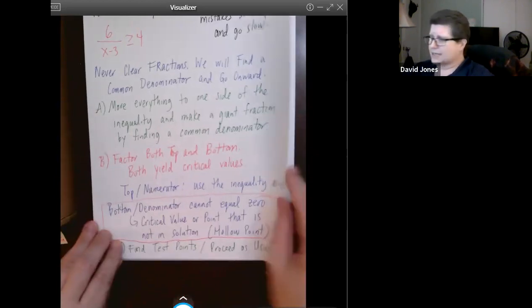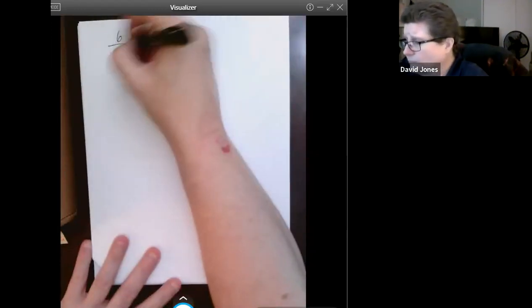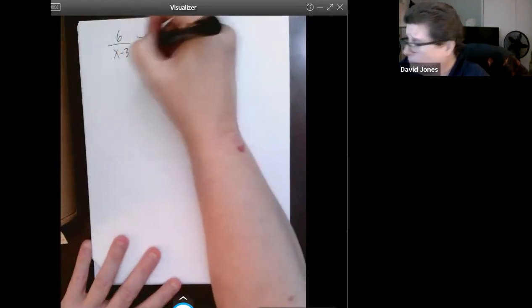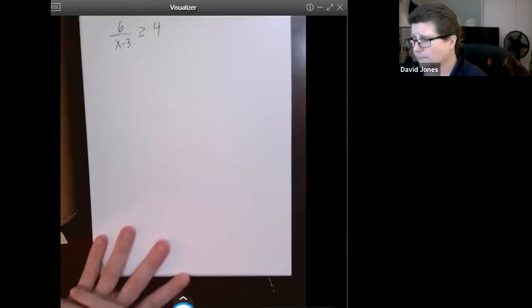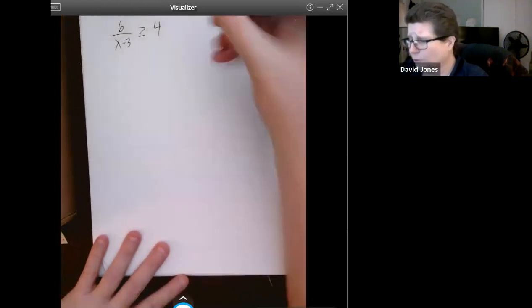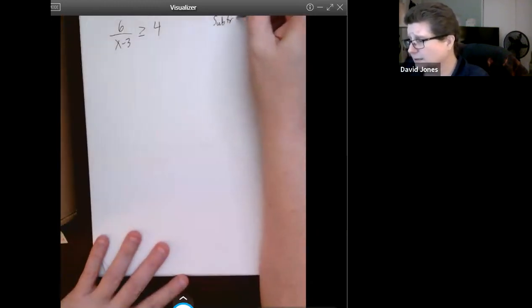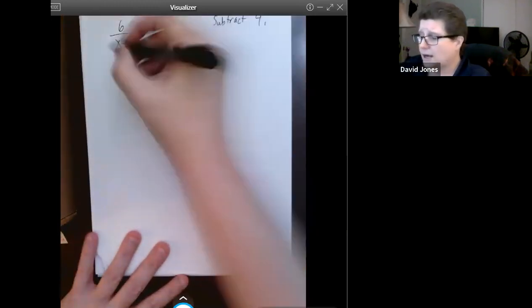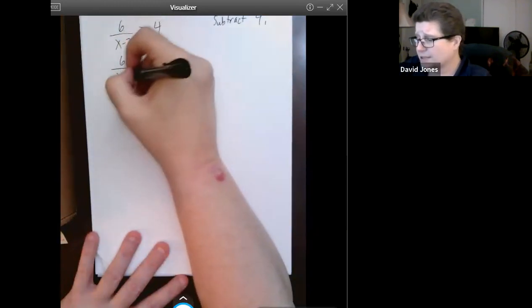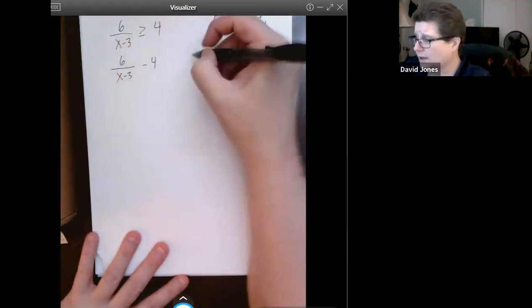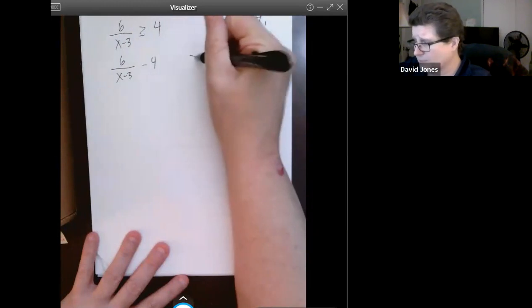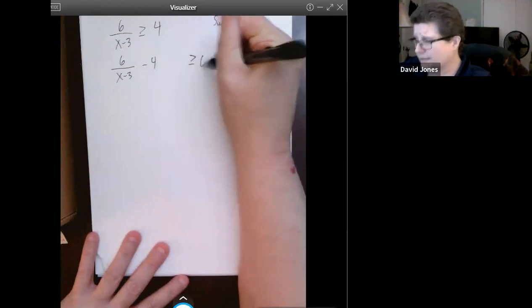So let's go to our example of 6 over x minus 3 is greater than or equal to 4. I subtract 4 from both sides, and I get 6 over x minus 3 minus 4, is greater than or equal to 0.